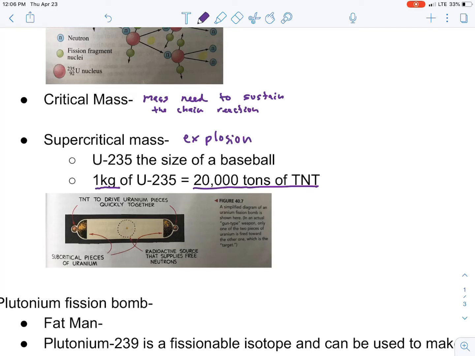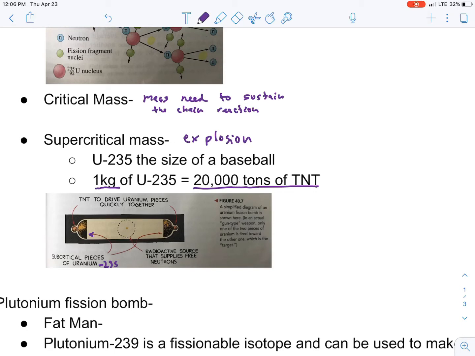Right? Now, this is how they did it. The hard part of this bomb is real simple design, right? They take 2 pieces of uranium-235, and those 2 pieces are subcritical. Subcritical is below critical mass. And so they have 2 pieces, both subcritical, and then they put some dynamite on the end. And when they want this bomb to explode, they explode the dynamite and shove those 2 pieces of uranium together.